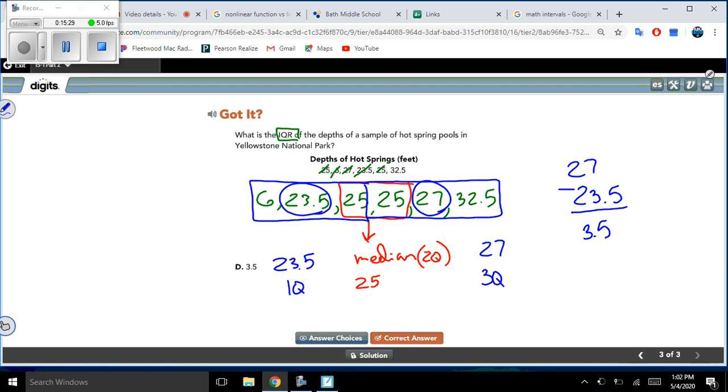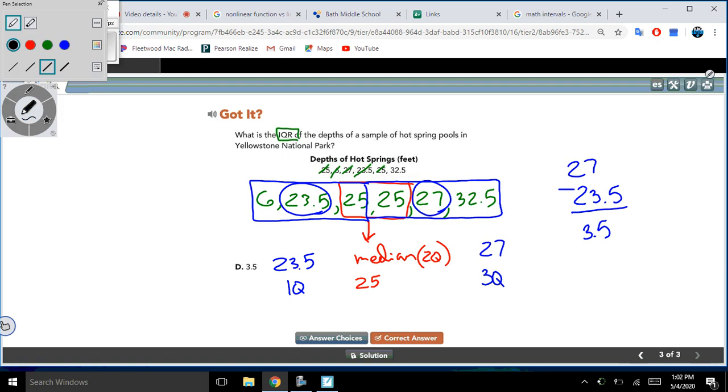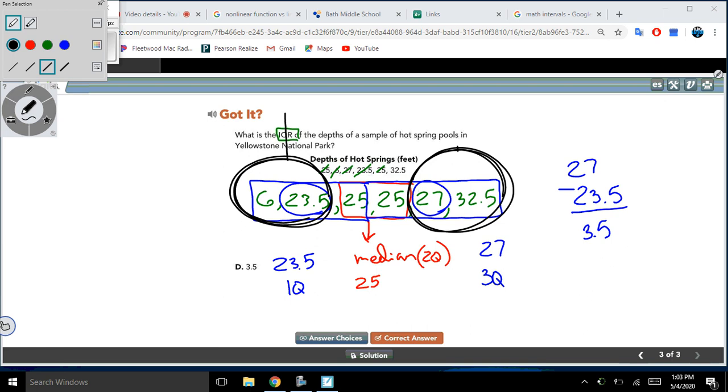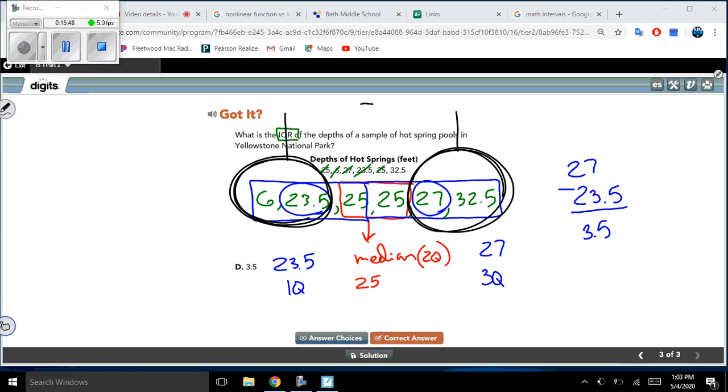3.5 it is. And I say that because there are some math systems who would take a look at this back half and say, once you've eaten up this 25, you only have these two numbers left. So they would take the average of this and the average of this and then subtract those two. So we have to be a little bit cautious, or at least aware of how Pearson plays it.